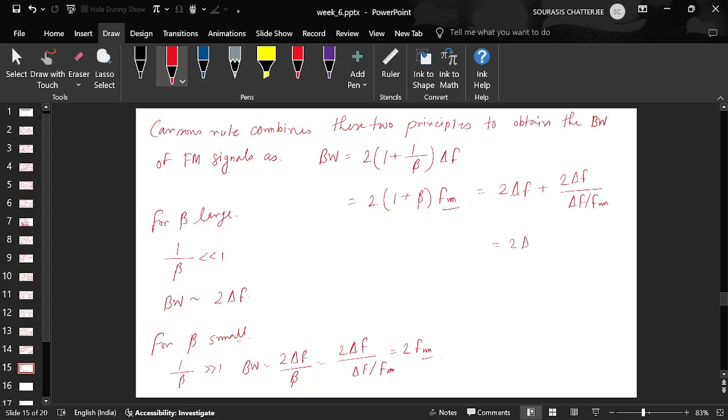So you have 2 delta f plus 2 fm. This corresponds to twice the peak frequency deviation, and this corresponds to twice the maximum frequency component of the message signal.